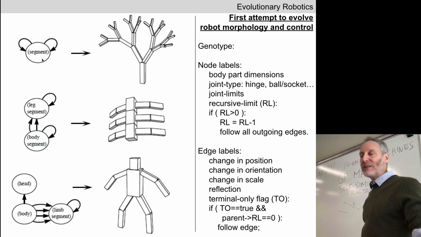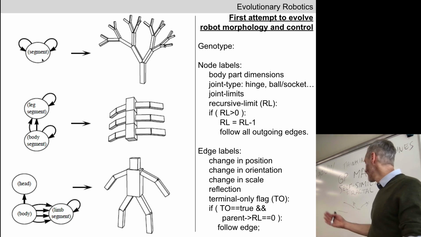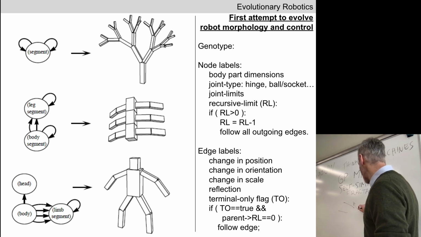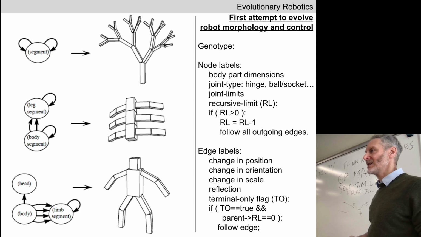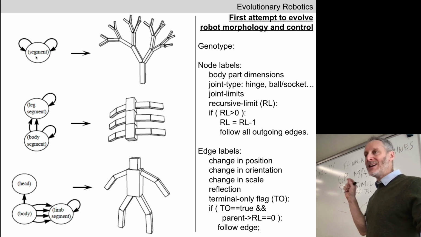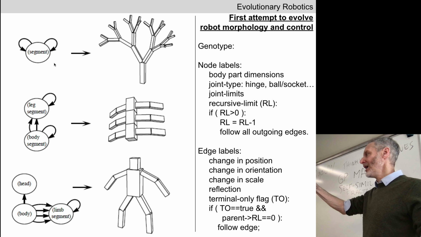We start by visiting the root node in the graph. There's one particular node, which is sort of arbitrarily denoted as the root node. We go there first, and inside that node, we find 3 numbers: length, width, and height. We build a link of exactly that specification.